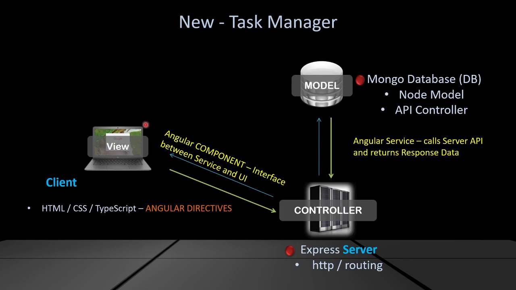And notice I don't have a direct line between the model and the view. What we're doing is adding these two things here, this Angular component and our Angular service, and there are different layers in what we're trying to do.